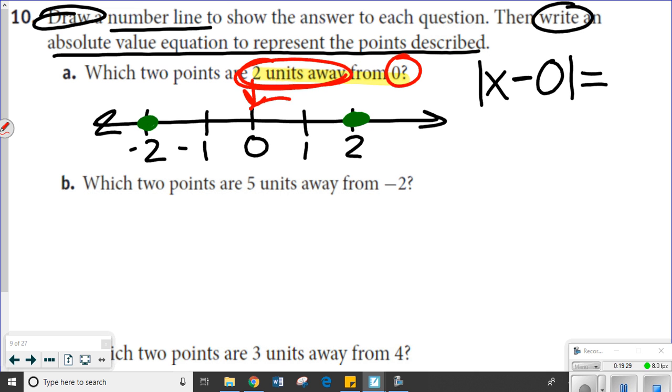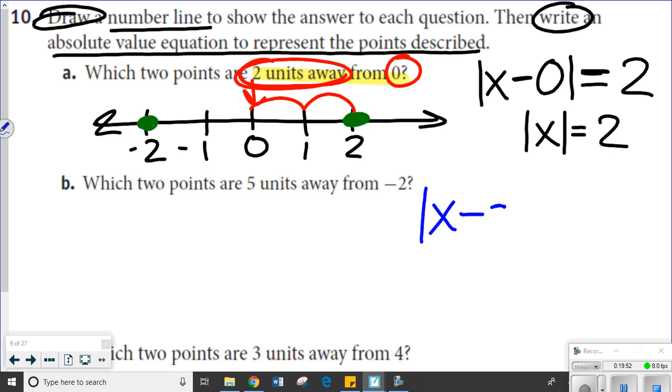We moved 2 units away, so my equation is equal to 2. Remember, mathematicians don't want to write minus 0, so your equation could also be written as the absolute value of x equals 2.